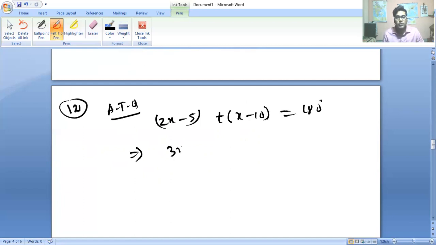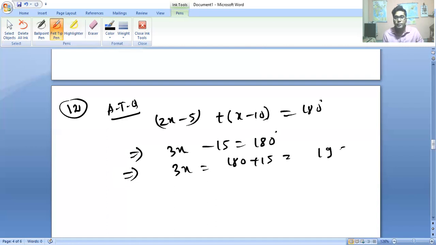That means 3x minus 15 is equal to 90 degrees. That means 3x is equal to 90 plus 15, 105 degrees. That means x will be 105 by 3. That means 35 degrees.